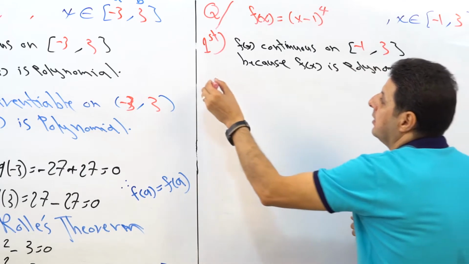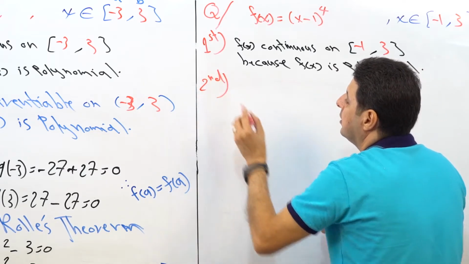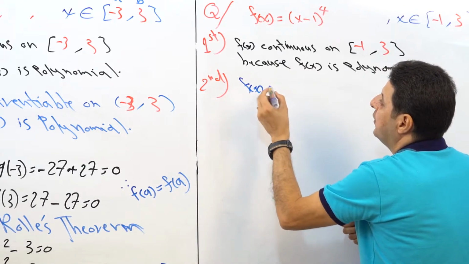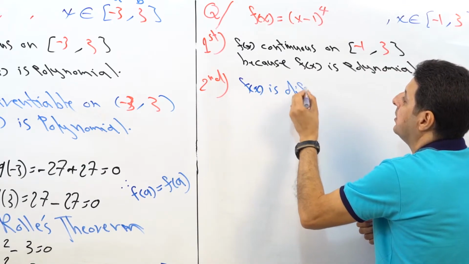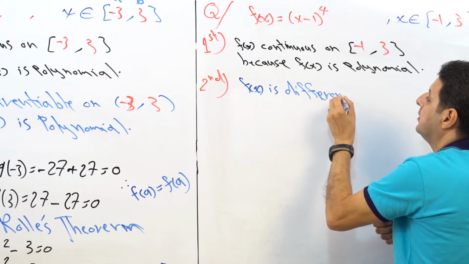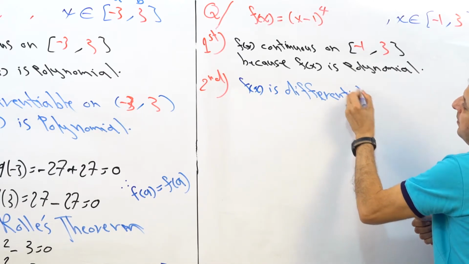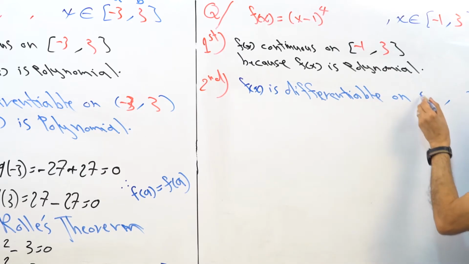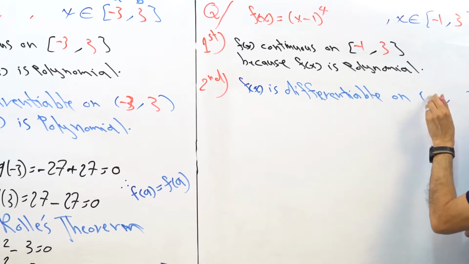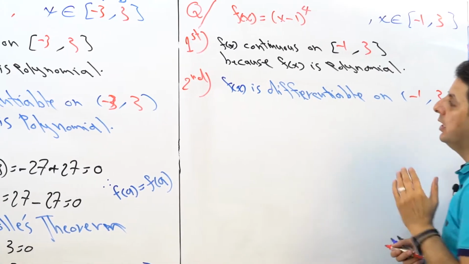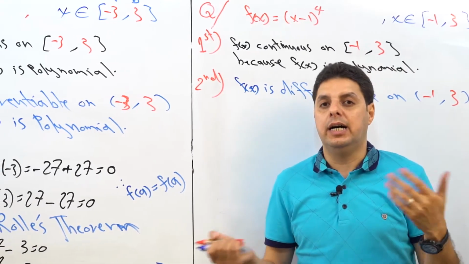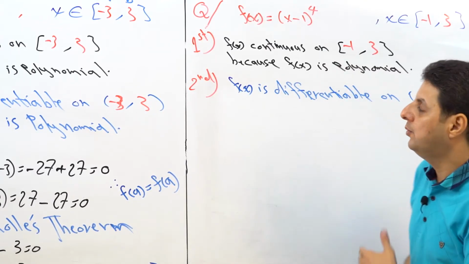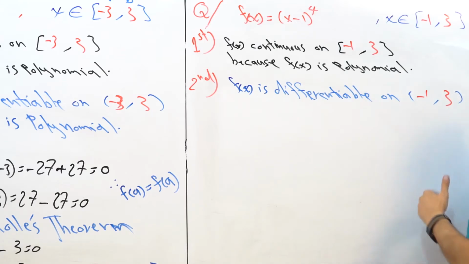الشرط الآخر second condition f of x is differentiable on open interval على الفترة المفتوحة negative 1, 3. الشرط الثاني أيضا الدالة قابلة للاشتقاق differentiable على الفترة المفتوحة open interval negative 1, 3.